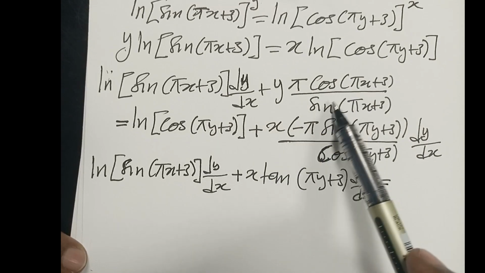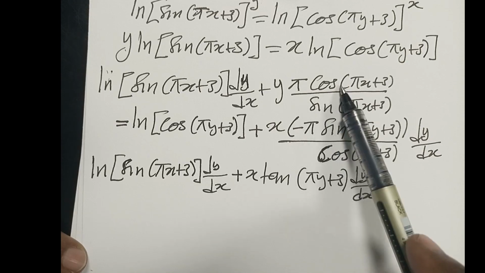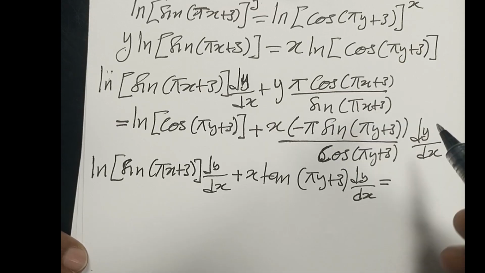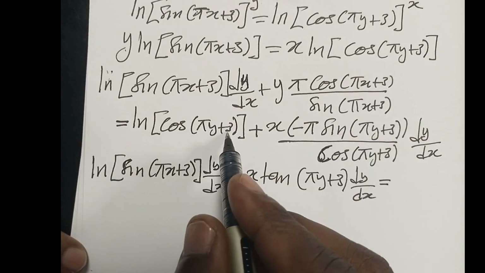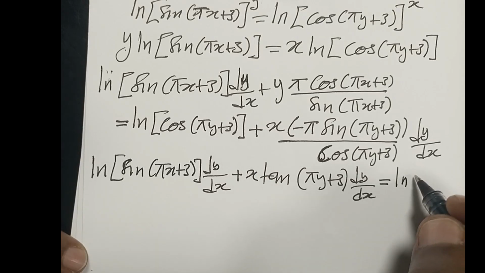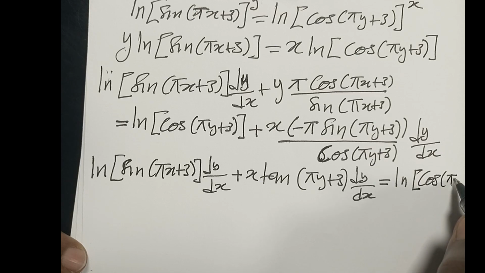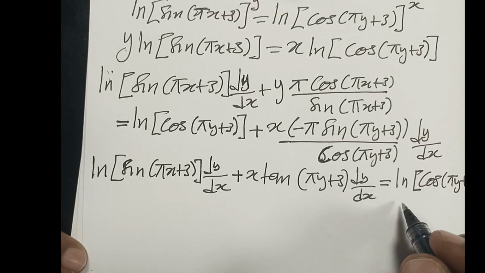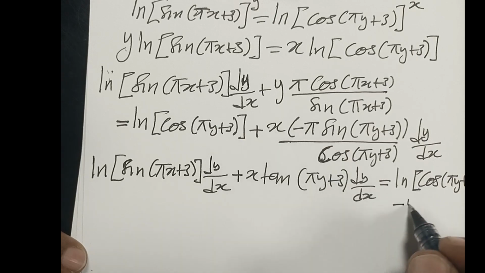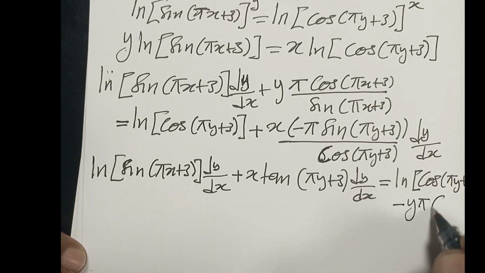Then we can write this as a cotangent. So let me write this one first, natural log over cos pi y plus 3. Then I'm writing minus y pi cot of pi x plus 3.